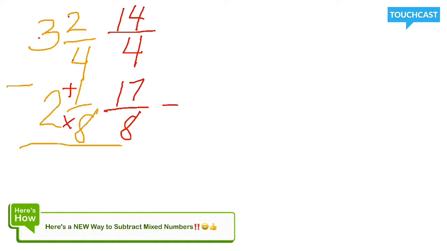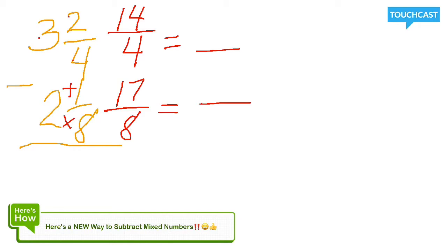Now, you still need to come up with like denominators because you can't add or subtract when the denominators are different. So, you may have guessed that your new denominator will be 8. If you don't know this, you do need to create your list of multiples and find the least common multiple.